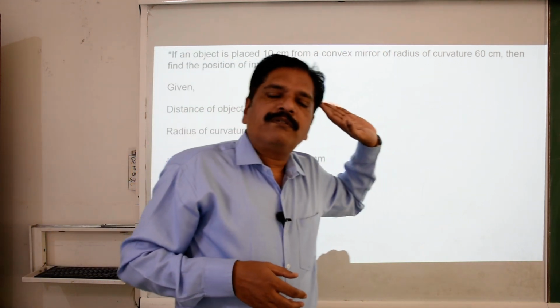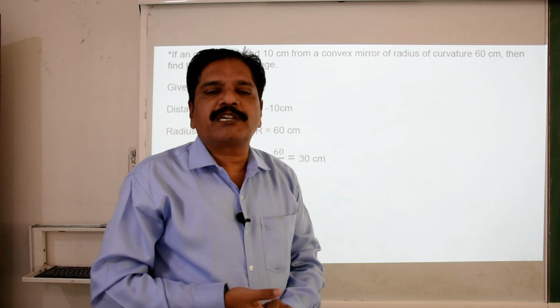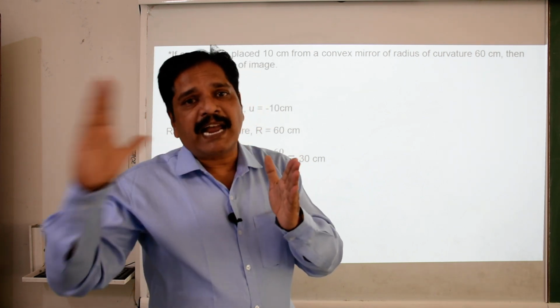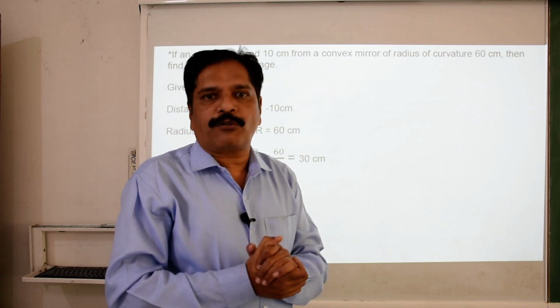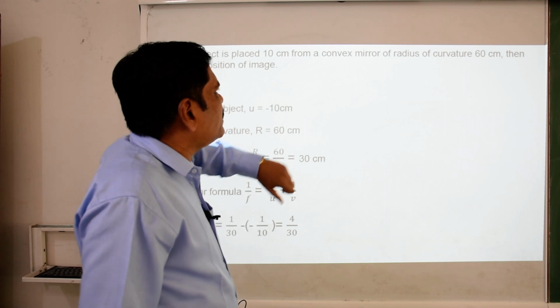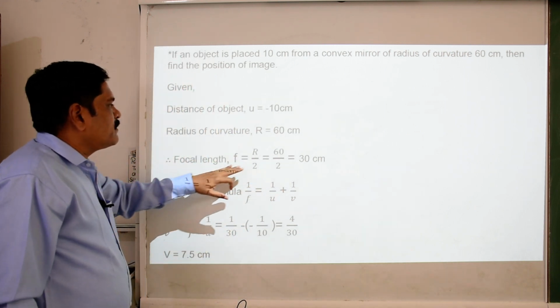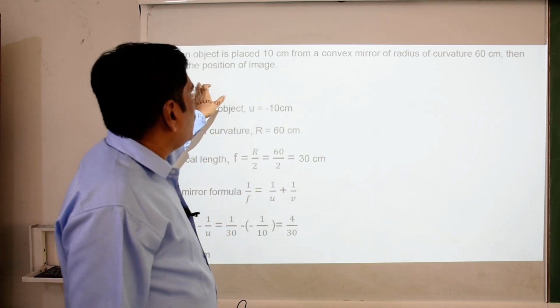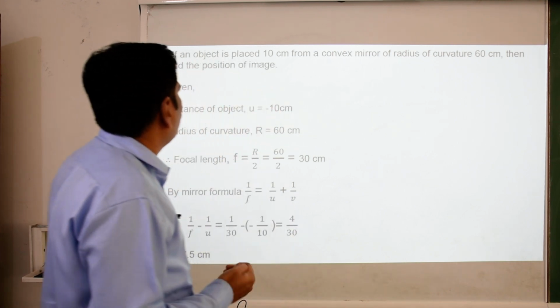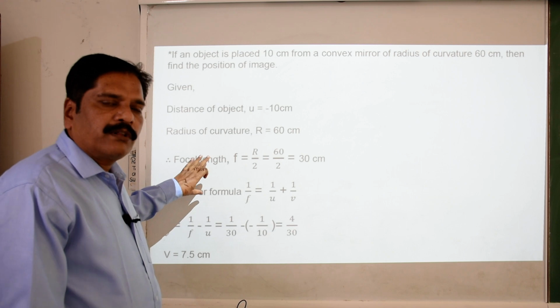Then what we learned in the sign convention: whatever distance we take on the right-hand side of the mirror will be positive, clear? So the radius of curvature will be positive, that is 60 centimeter. That means R is plus 60, okay? Then find the position of the image.